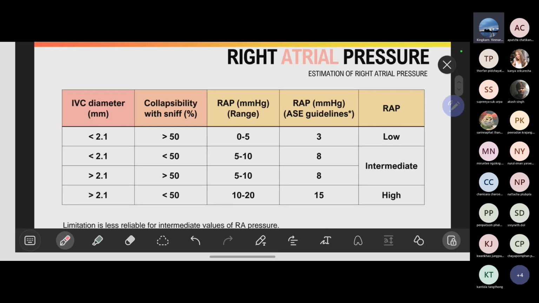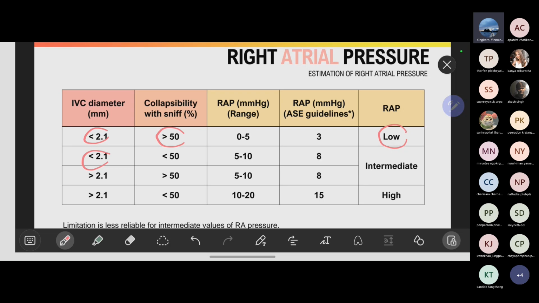So for the value of right atrial pressure, IVC diameter is normal with IVC collapsibility more than 50%. It suggests normal RAP, which is 3 millimeters of mercury.